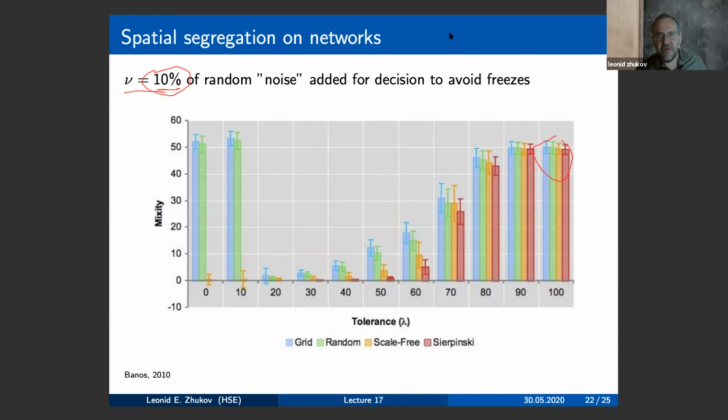I would refer you. Is the noise supposed to factor in to be the means by which you factor in external things you can't control? So noise here is, remember, every agent makes a decision, a logic decision, move or not move based on the neighbors, right?